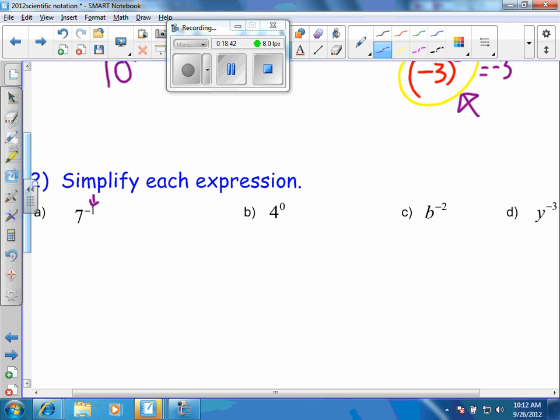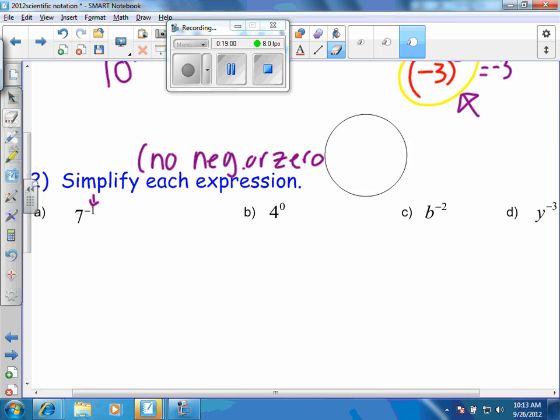Instead of 7 to the -1, you want to simplify this. Simplifying means no negative exponents, or 0 exponents. In fact, you don't want exponents at all, is a better way to think of simplify.